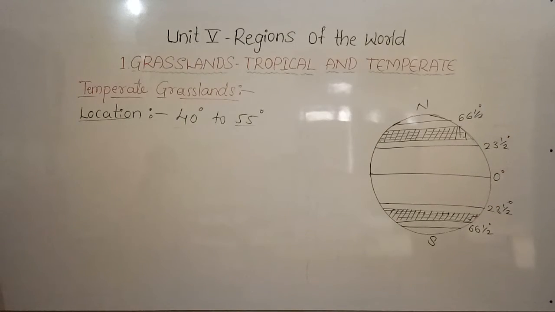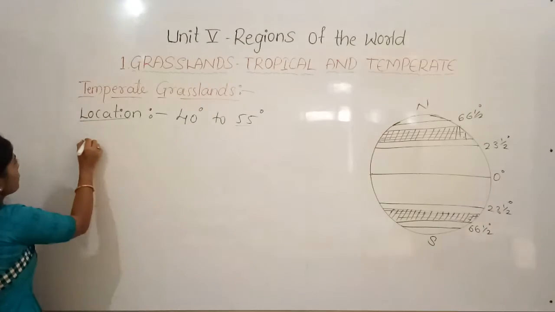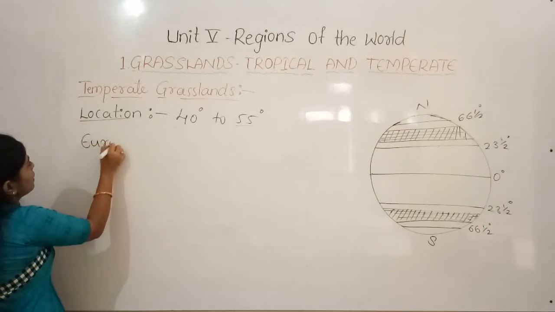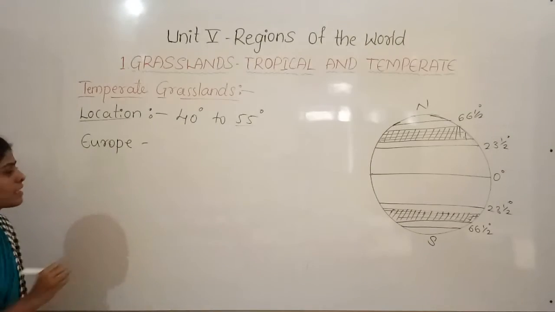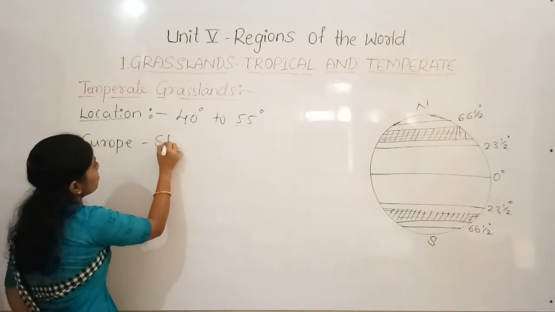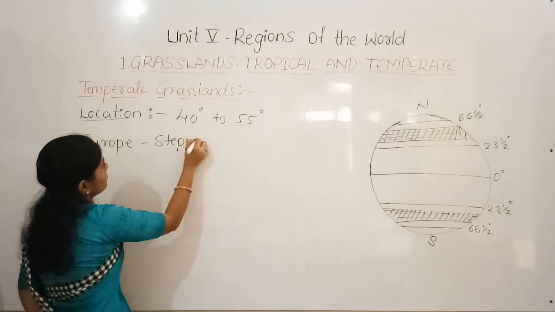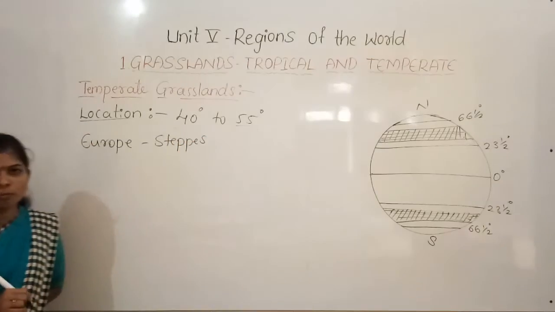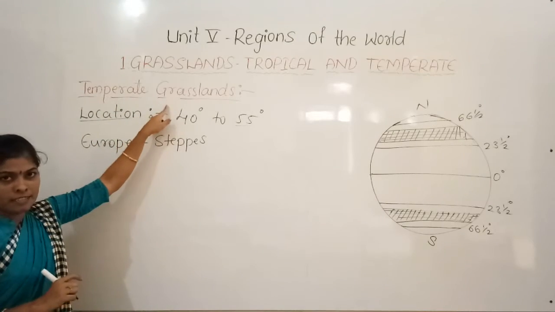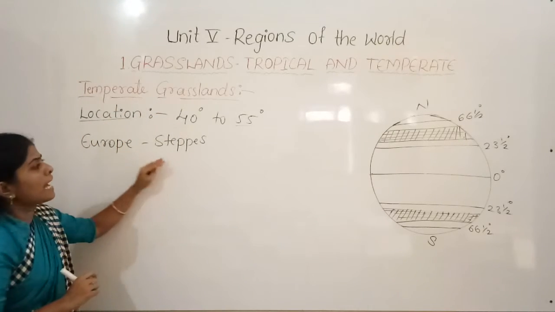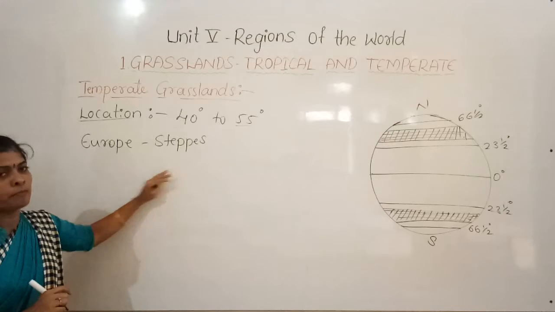For example, in Europe, these temperate grasslands are called steppes.